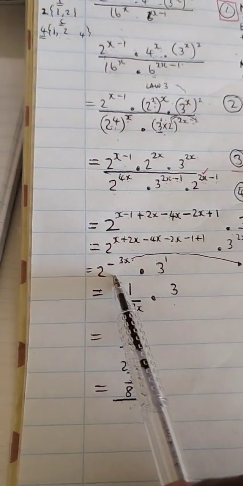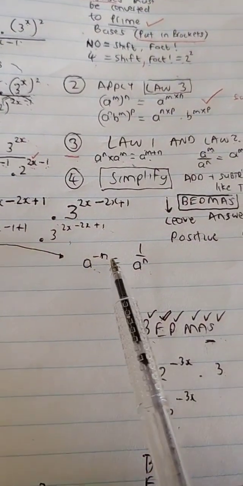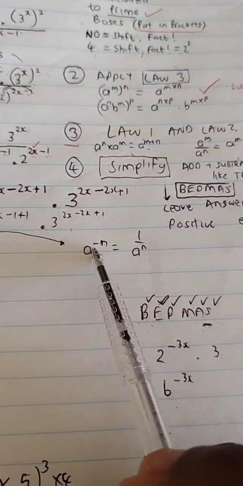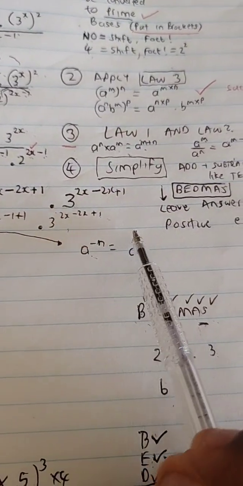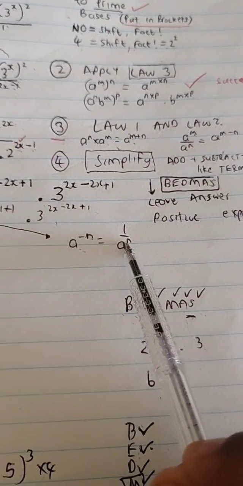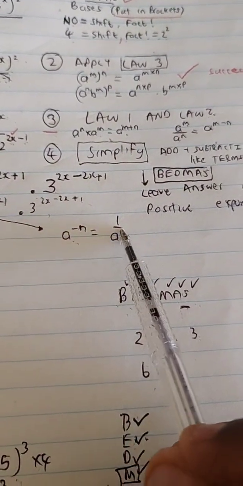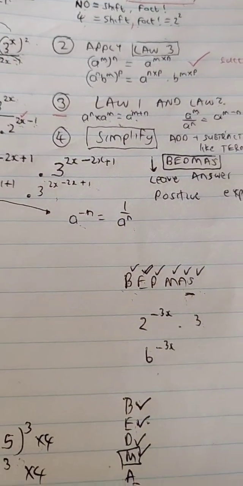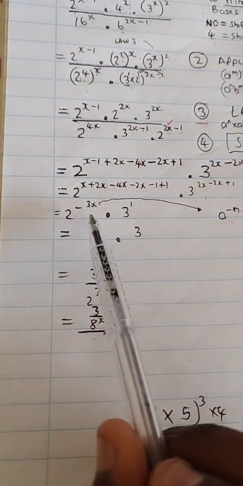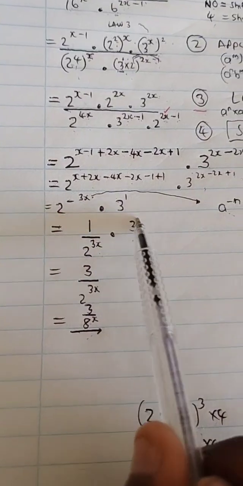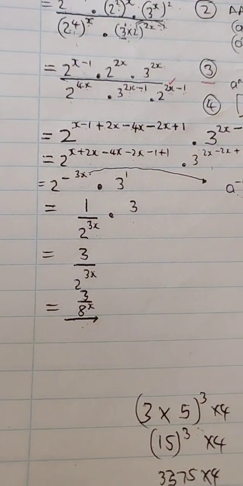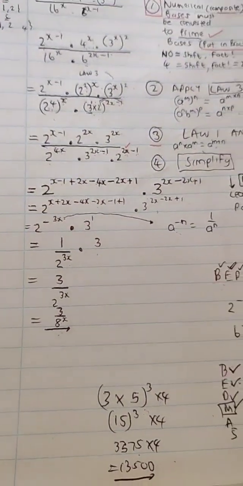And don't forget the law that says when you have a base raised to a negative exponent, you can write it as 1 over the same base raised to the same exponent, but positive, not negative. You multiply that with 3, and then you should be able to simplify and get to the answer.